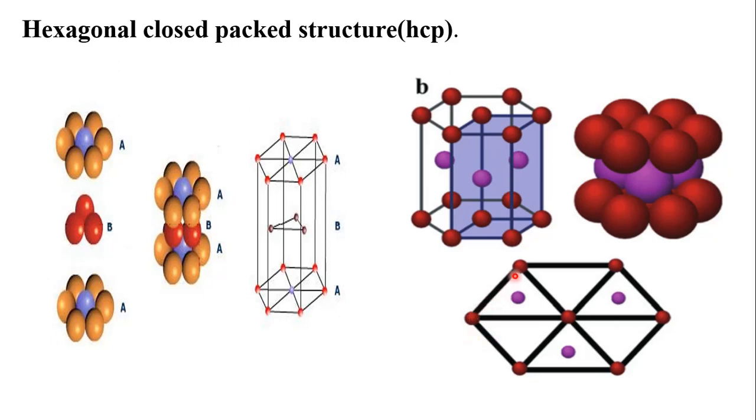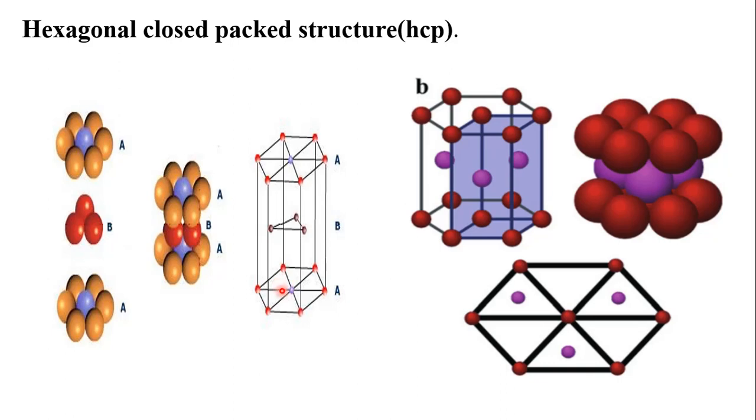So if you join these 6, these are the 6 spheres. The central sphere is surrounded by these 6 spheres like this here. Suppose this is the layer A, then the arrangement of the spheres is like this. And if you join the centers of all these 6 spheres to this central sphere, then we get 6 equilateral triangles, that is, triangular spaces are formed.